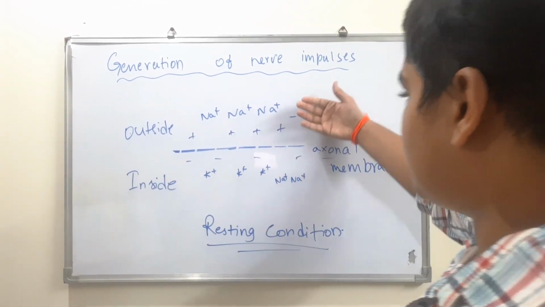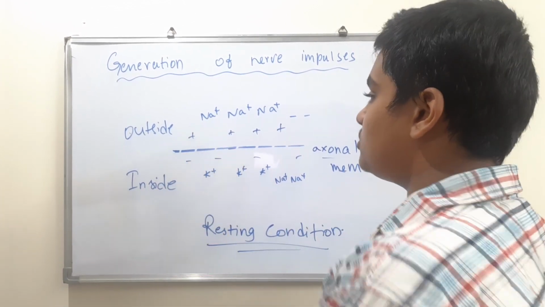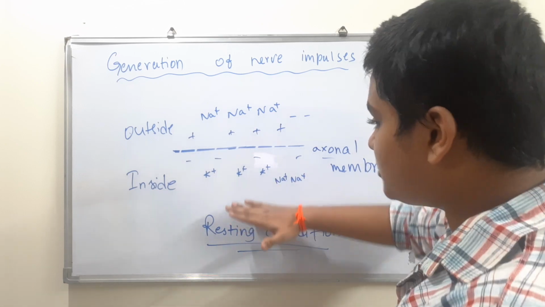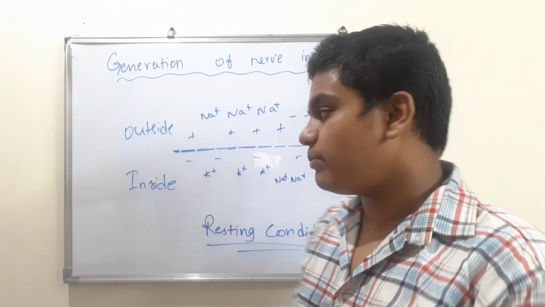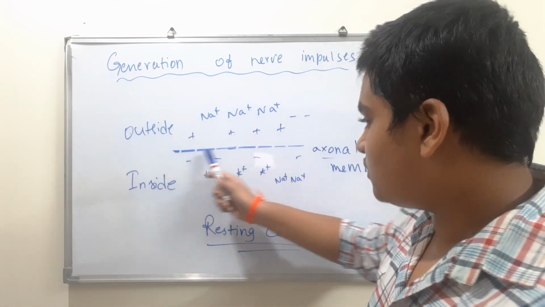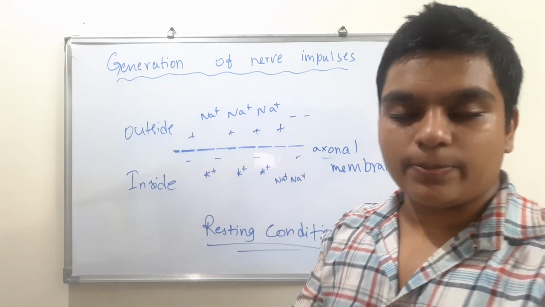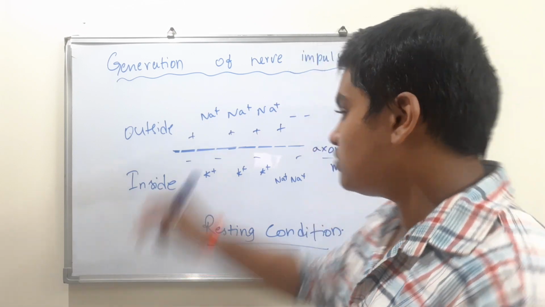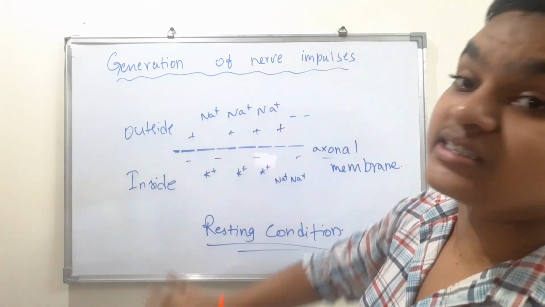So if they are outside, what is inside? Potassium, and negative charge is on the inside of the axonal membrane. Since the membrane is not permeable to negative charge either, this negative charge is not sent out. So this is how the resting condition is in general.